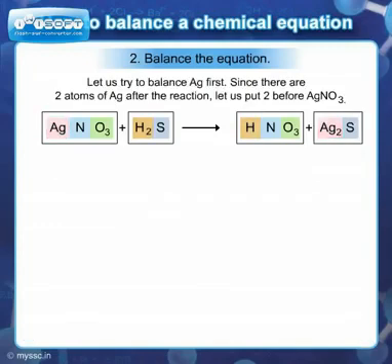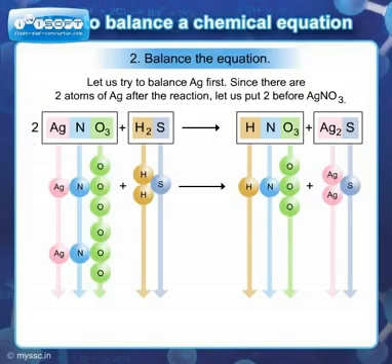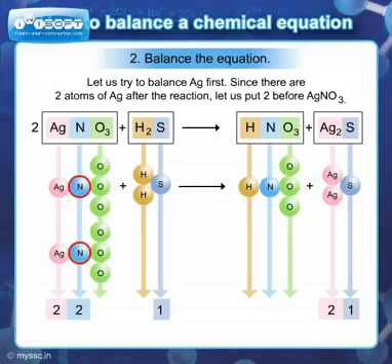Let us try to balance Ag first. Since there are 2 atoms of silver after the reaction, let us put 2 before AgNO3. Since we have 2 molecules of AgNO3, we have 2 atoms of Ag, 2 atoms of N, and 6 atoms of O. If we compare the number of atoms for each element, we see that there are 2 atoms of N in the reactants and 1 atom of N in the products.